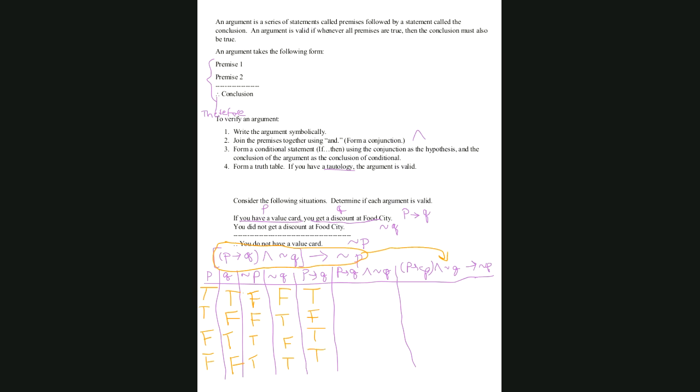Now, if I have and, remember that and is false unless both of the statements are true. So I'm looking at P, if P then Q, and not Q. So false, true, that's going to be false.